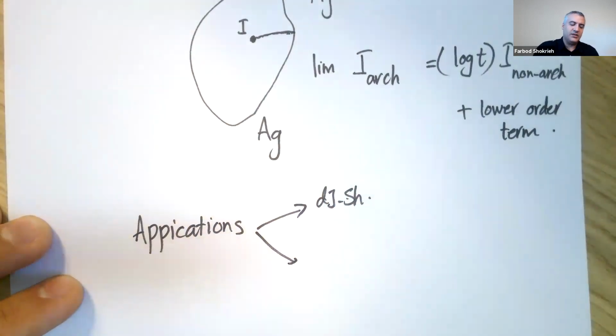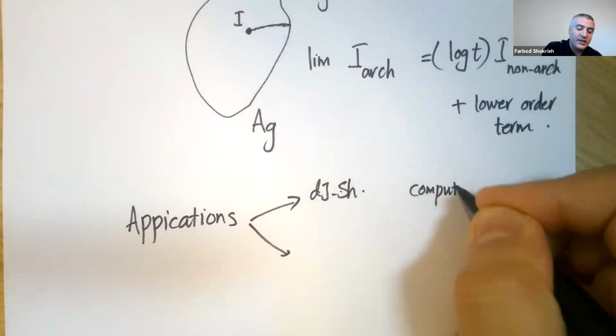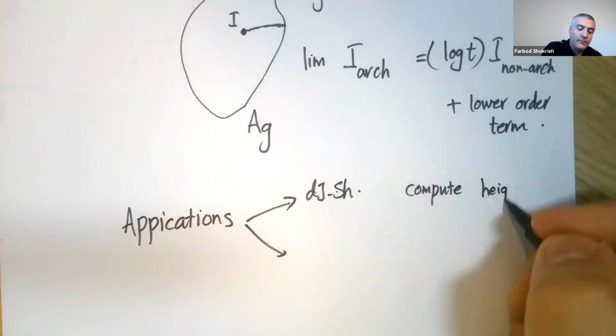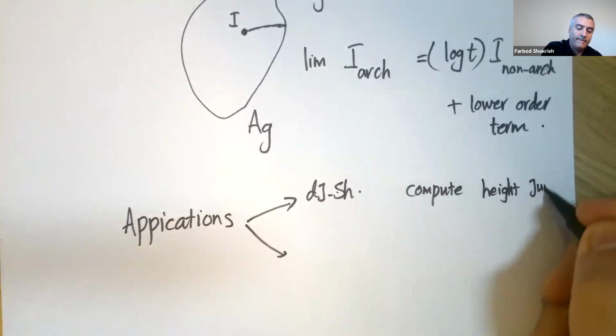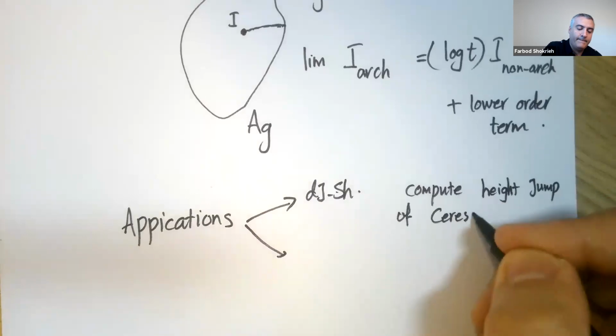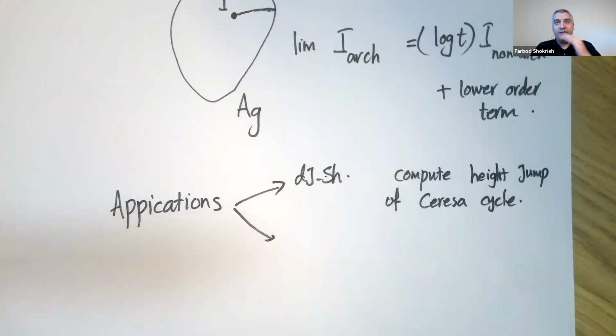Our application was to compute, we give concrete formulas for the height jump of the Ceresa cycle in terms of combinatorics of the boundary. And we can completely classify when this height jump is 0.